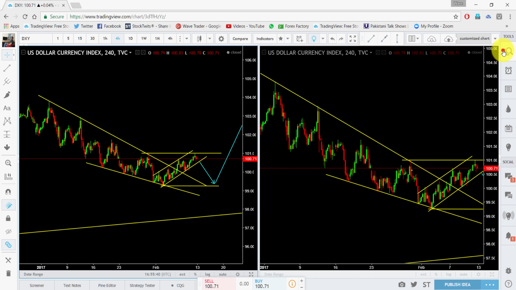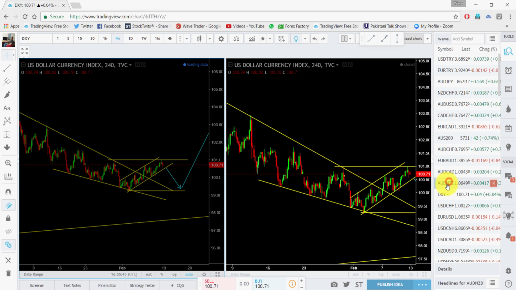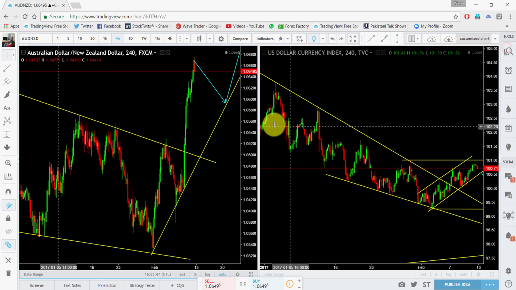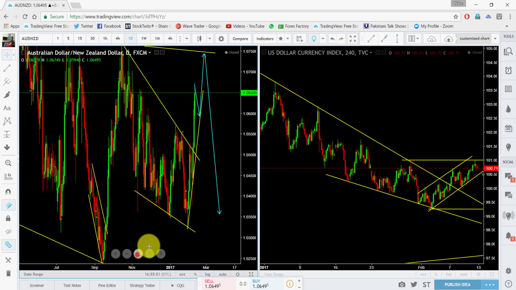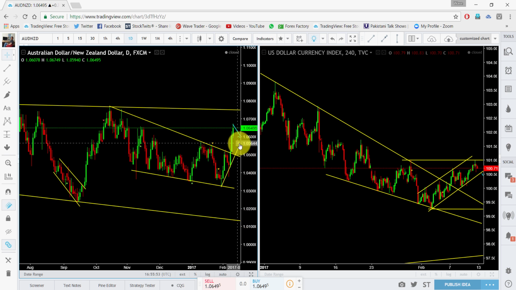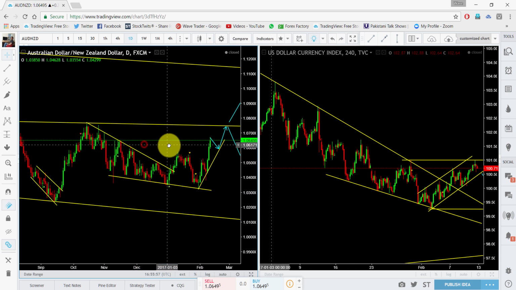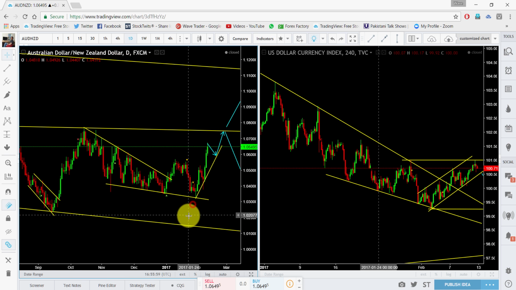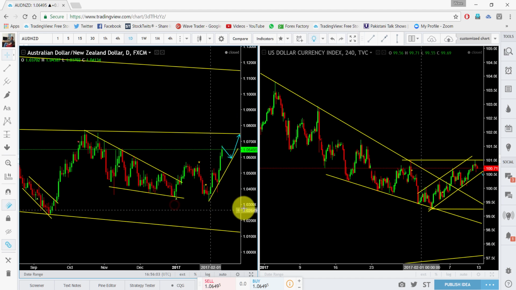If you all remember, we were tracking the Australian dollar and New Zealand dollar for a very long time. The pattern we can see on this pair is on the daily time frame. This was the first pattern which was forming there, and we were tracking it.